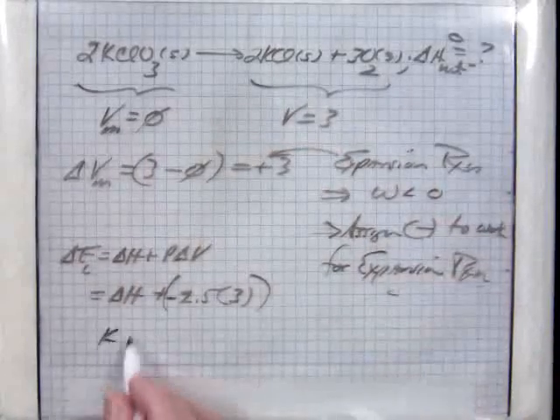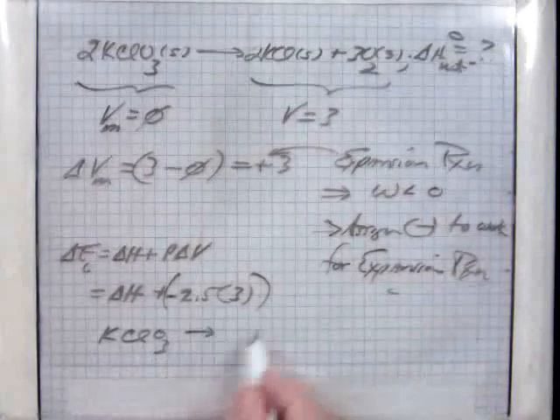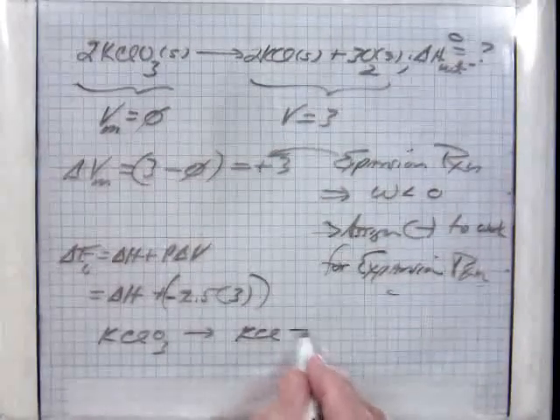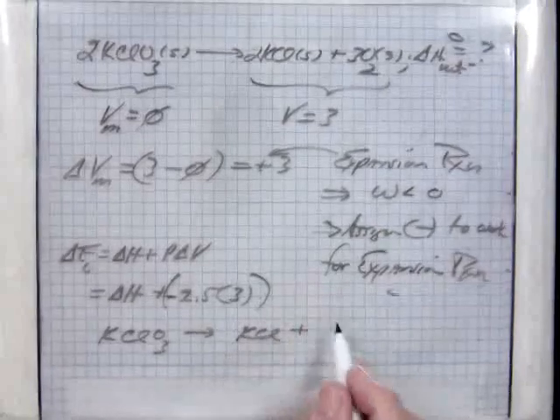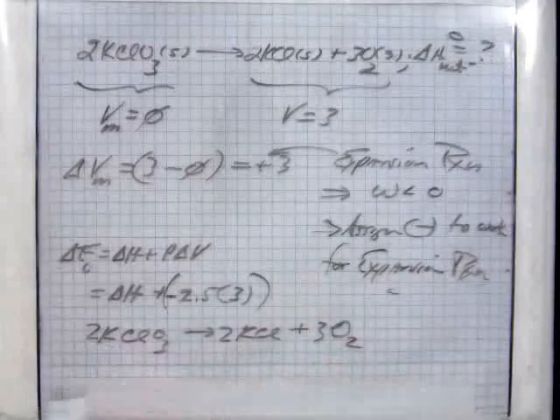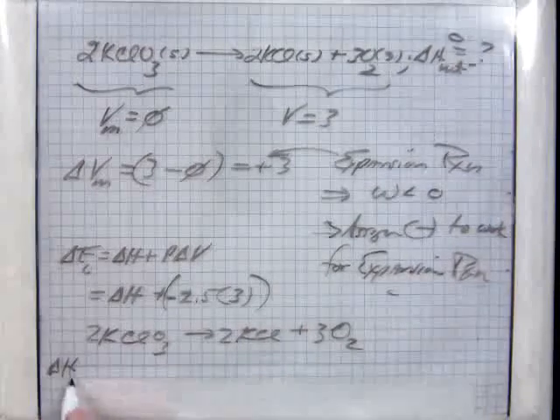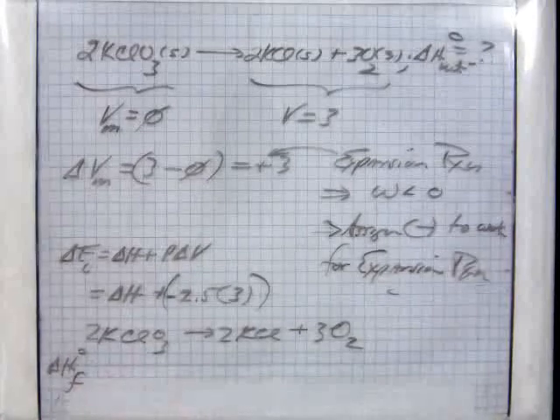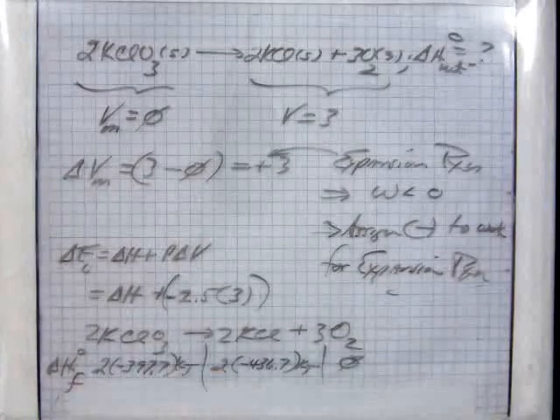Let's see if we've got it. KClO3 goes to KCl plus O2, with coefficients 2, 2, and 3. So let's look up delta H of formations for these and calculate Hess's law numbers.